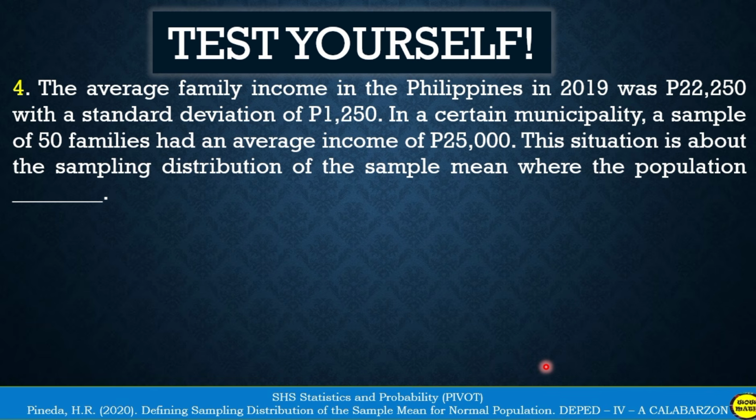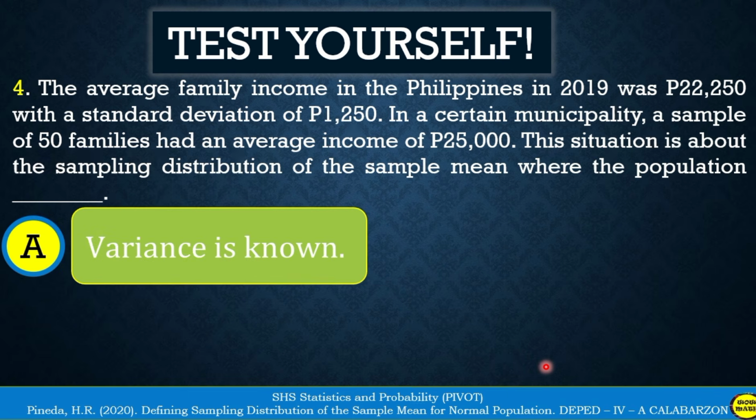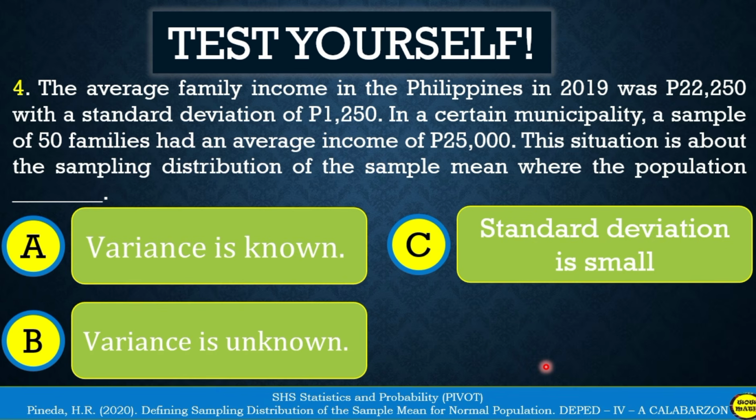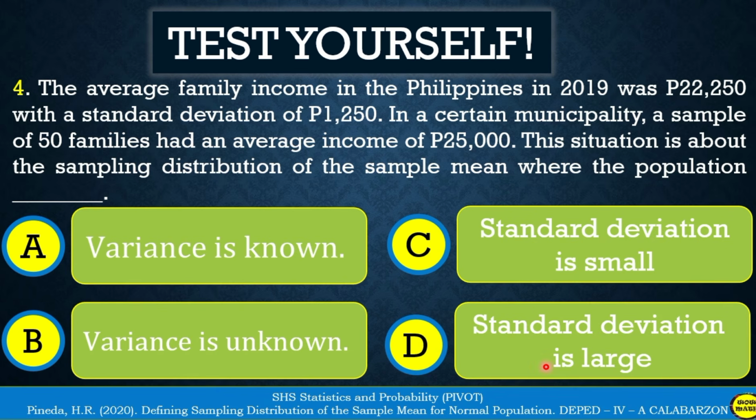So this situation is about the sampling distribution of the sample mean where the population is blank. Letter A, variance is known. B, variance is unknown. C, the standard deviation is small. And letter D, the standard deviation is large. Based on the problem, choose the correct answer from the 4 choices.